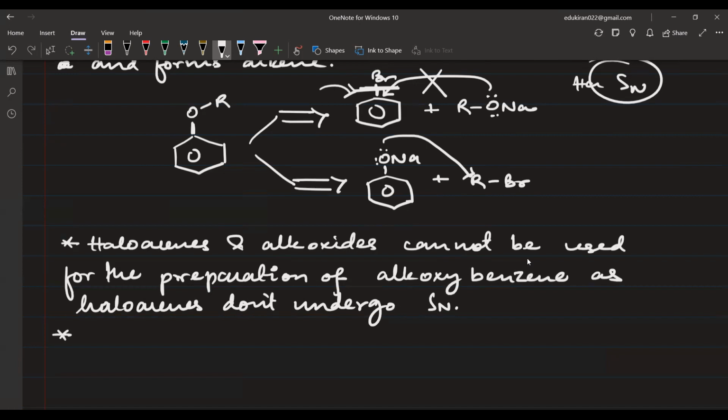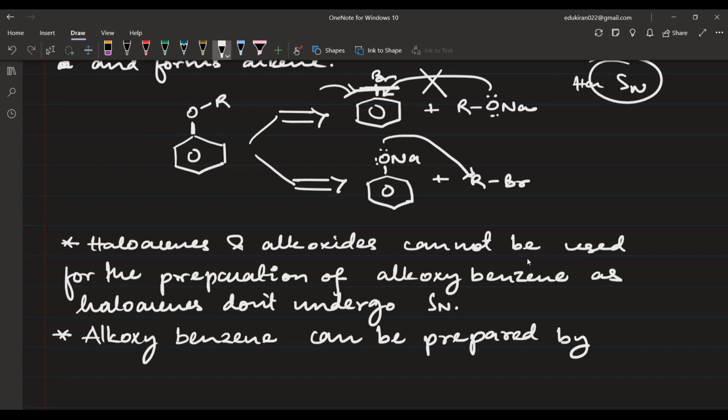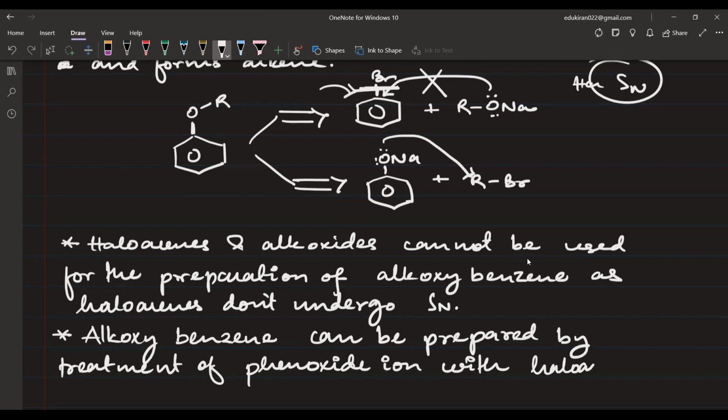So how will we make alkoxybenzene? We'll write: alkoxybenzenes can be prepared by treatment of phenoxide ion with haloalkane.